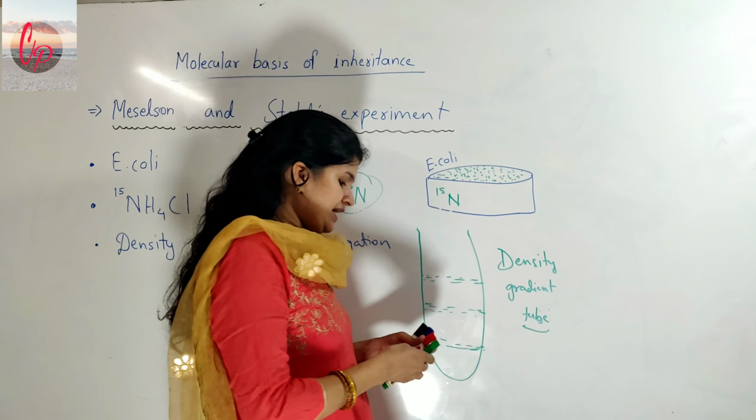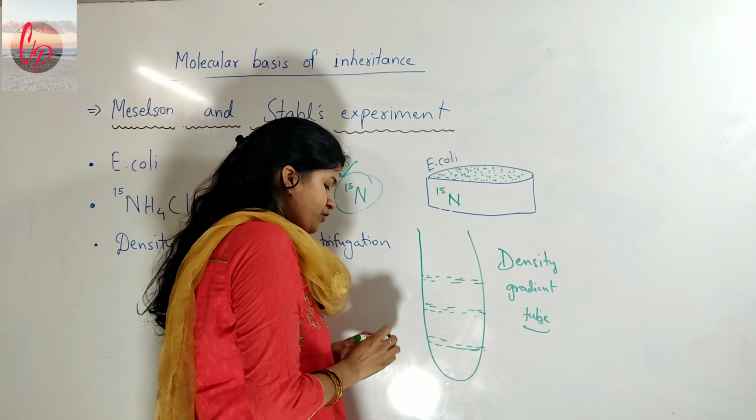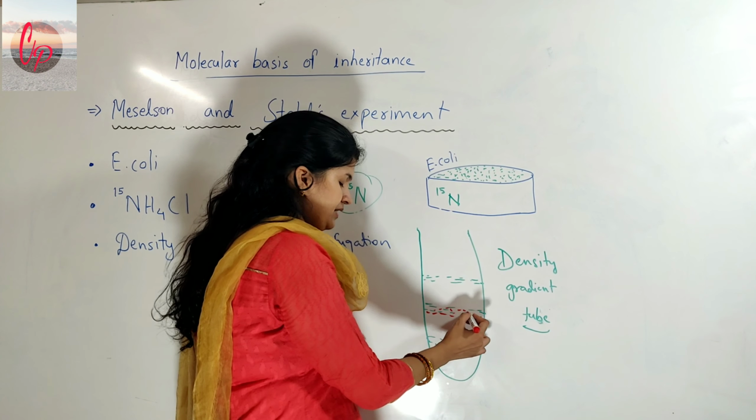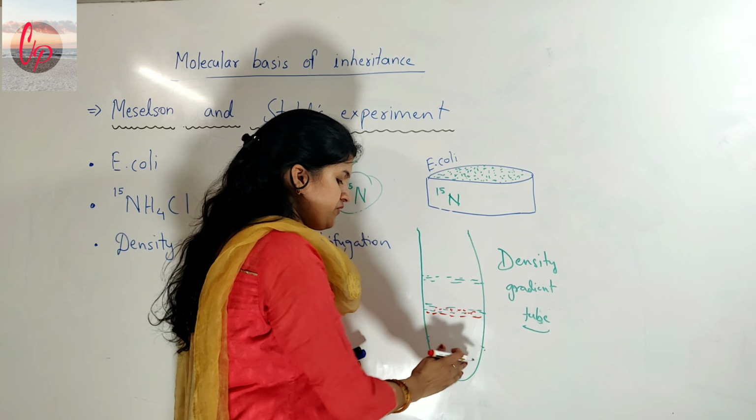So the bacteria which were having both the strands were accumulated here. They were having both N14 as well as N15.